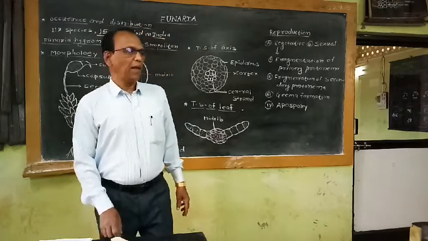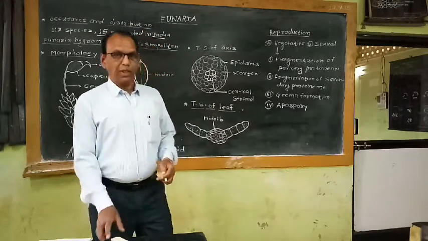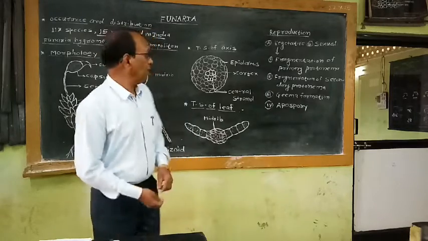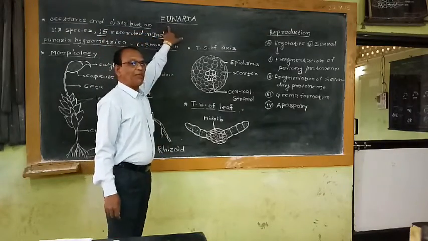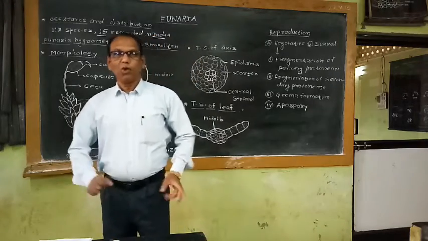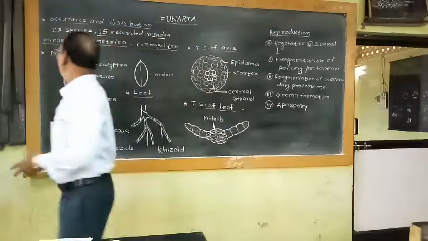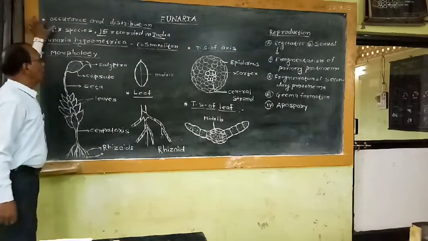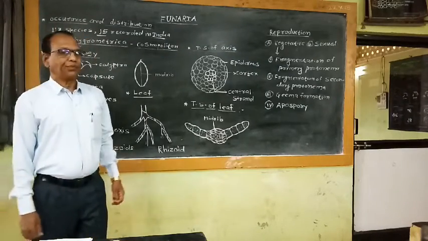So today I am going to discuss the next type from Bryophytes. Name of this type is Funaria. I am going to discuss this type with reference to these points: occurrence and distribution of Funaria.